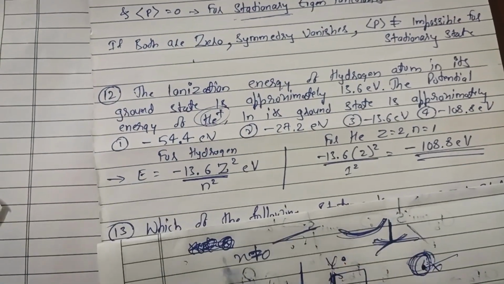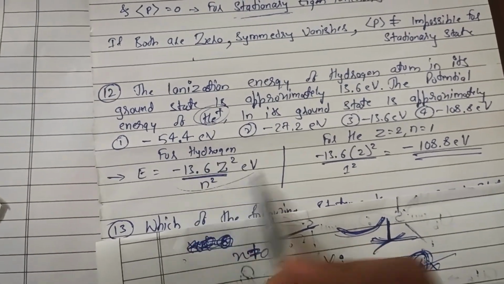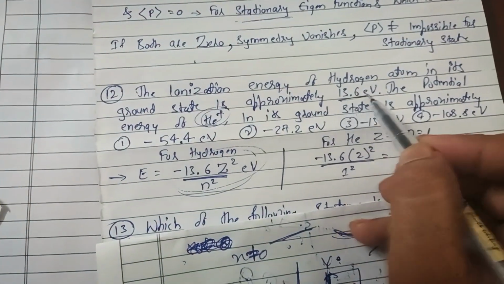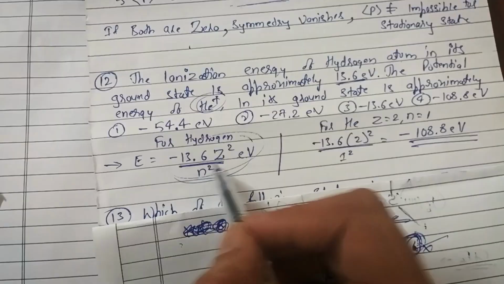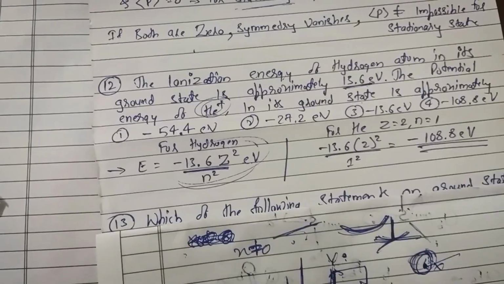For hydrogen we have this formula, since it is given as 13.6 electron volts divided by n square into z square.